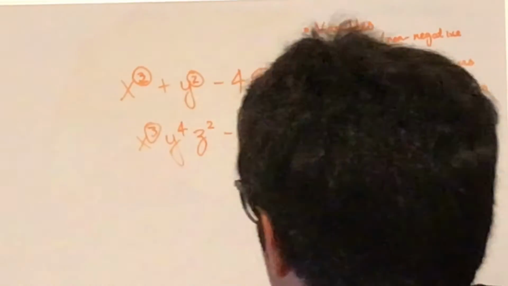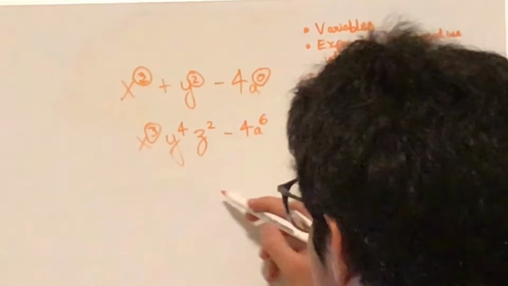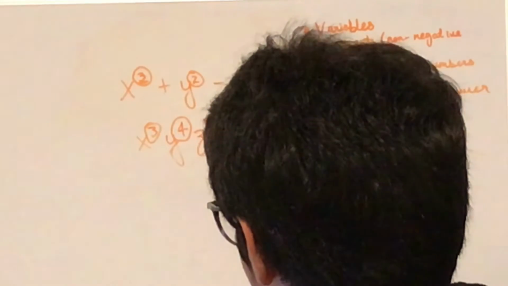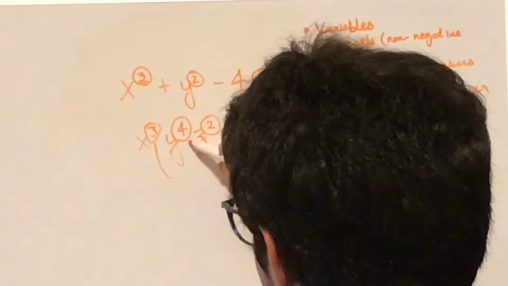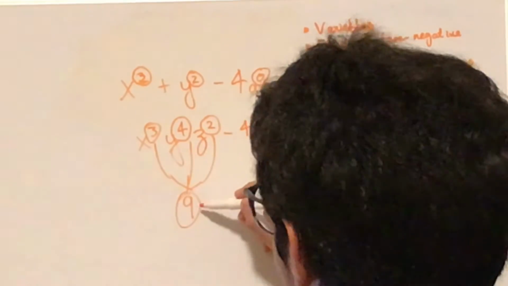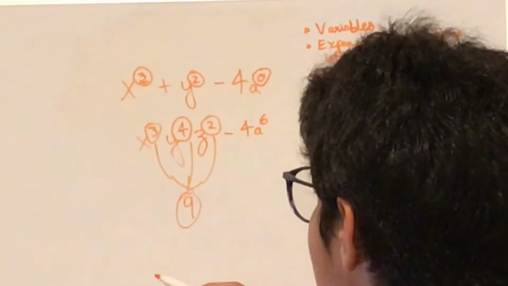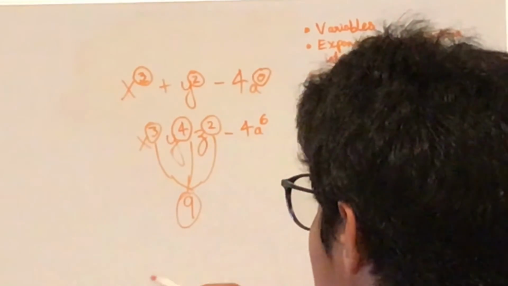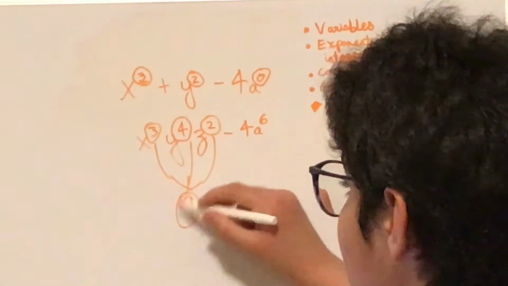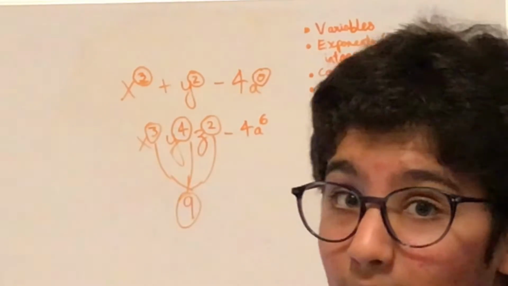Even though it may seem like negative 4a to the power 6 is the highest, it actually isn't, because when you add all of these up, you get 9. So 9 is the highest. The degree of x cubed y fourth z squared minus 4a to the 6th is going to be 9. Remember, highest power, and you should always add them up if there are multiple powers in one term.